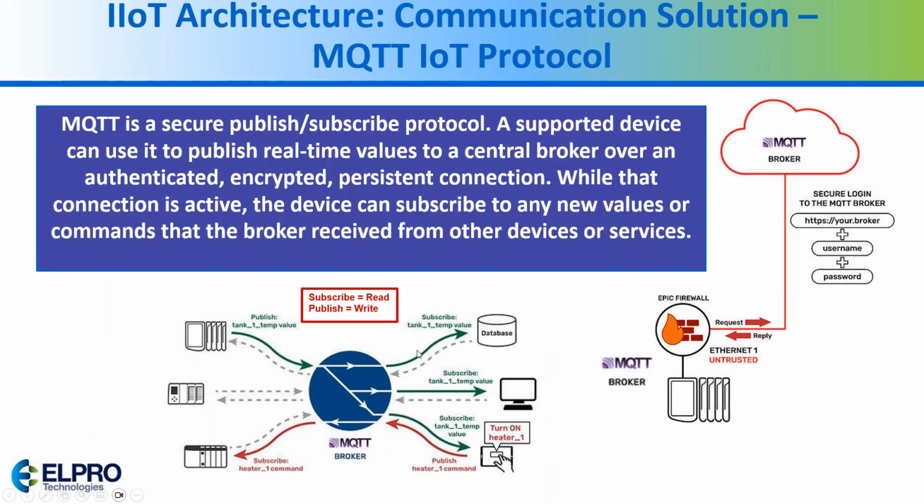So just in summary, a broker is a very lightweight server that will take in published information and then allow other clients to subscribe to that information. So publish, you write the information to it, and then subscribe, read it.